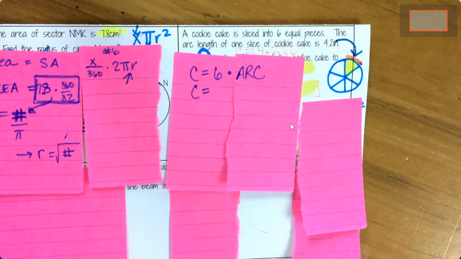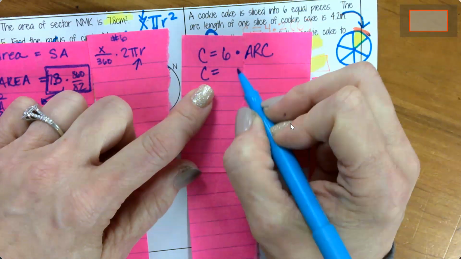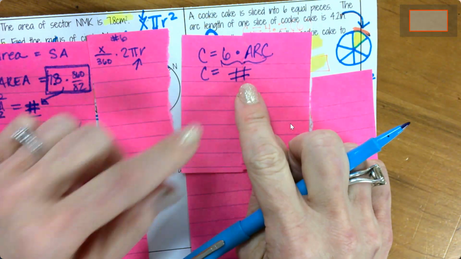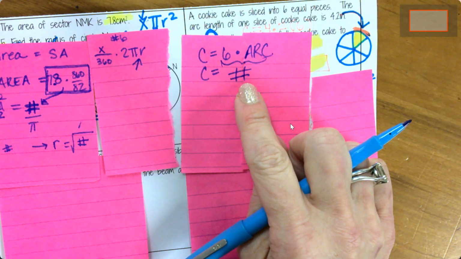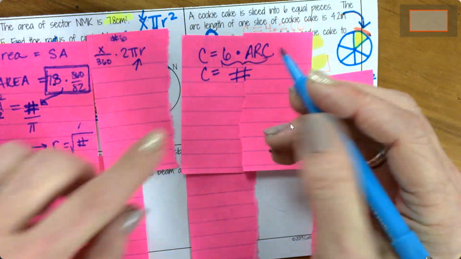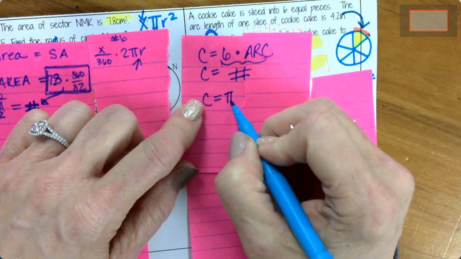So what would you divide? So this becomes some answer that you come up with. What would you do with that answer to get the diameter? What is your circumference formula, guys? If circumference is pi times diameter, and you know that number, then you just divide by pi.